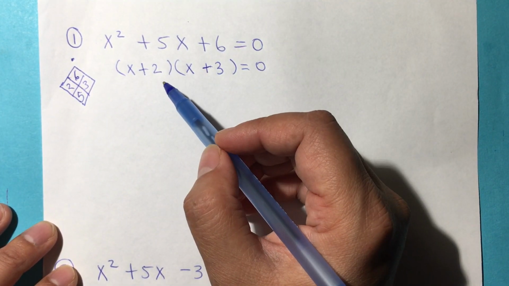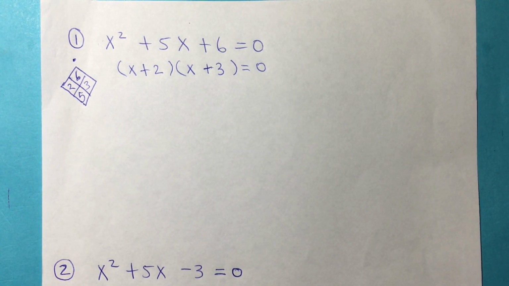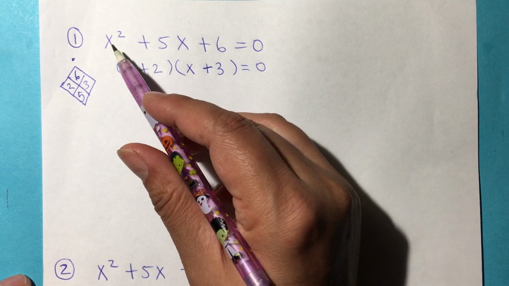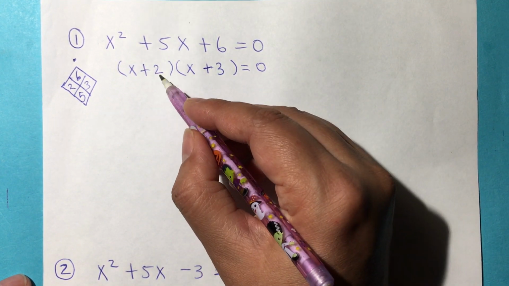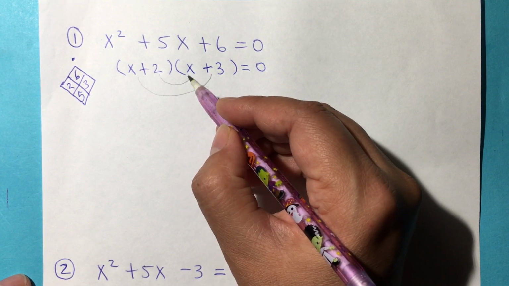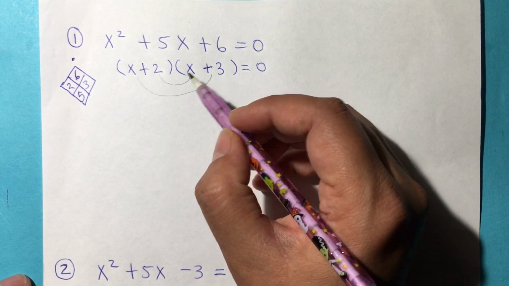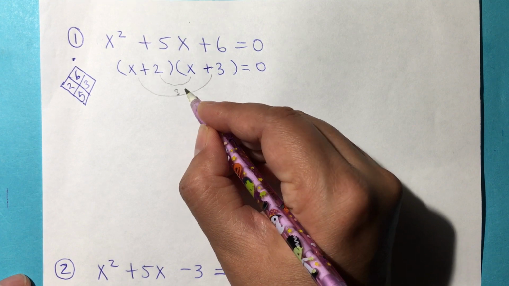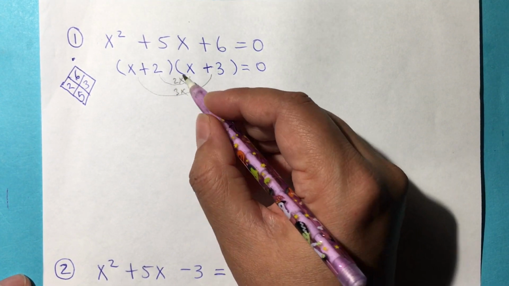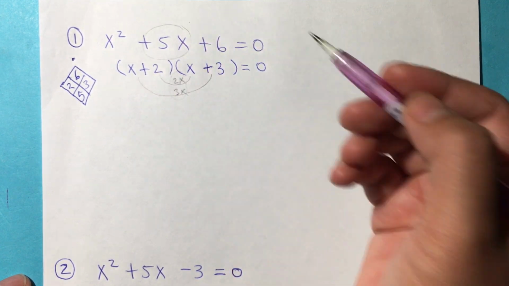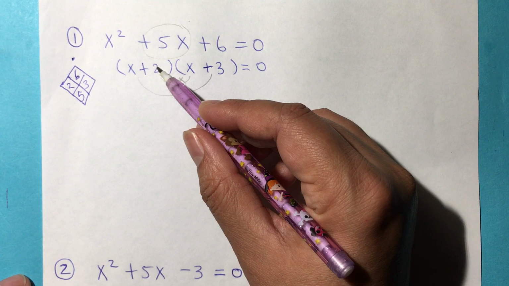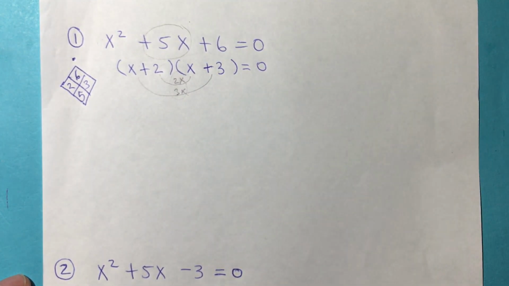To check super fast, let's FOIL. x times x is x squared, then the outside terms give 3x, the inside terms give 2x, and added together they give us the middle term, 5x. And finally, the last terms, 2 times 3, is 6.